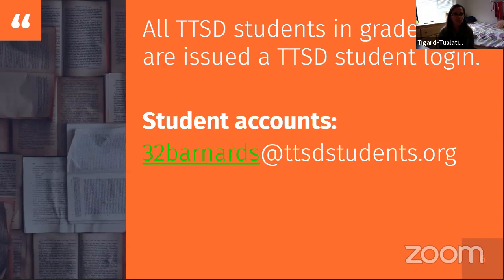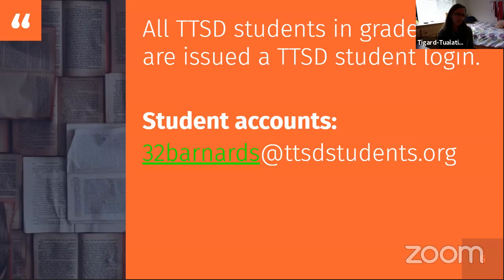So the structure of our student accounts begins with the student's graduation year. And so this example student graduates in the year 2032. Last name of the student is Bernard, and the first name of the student begins with an S. So her email address is 32bernards@ttsdstudents.org.